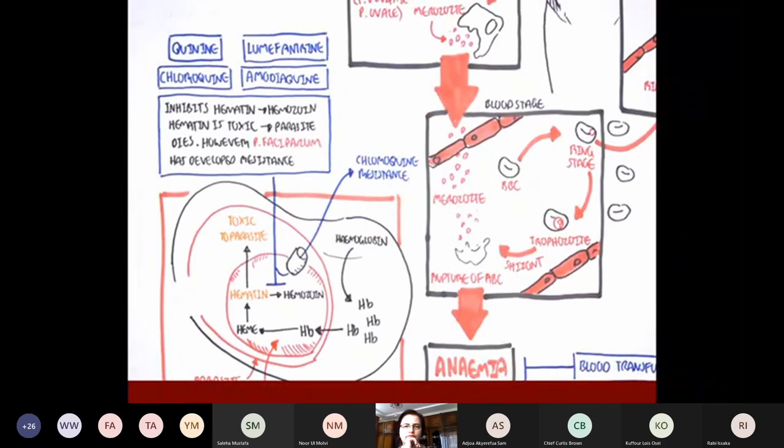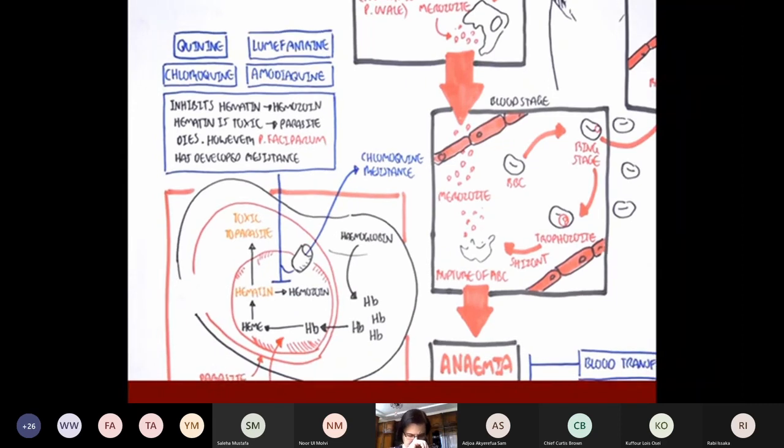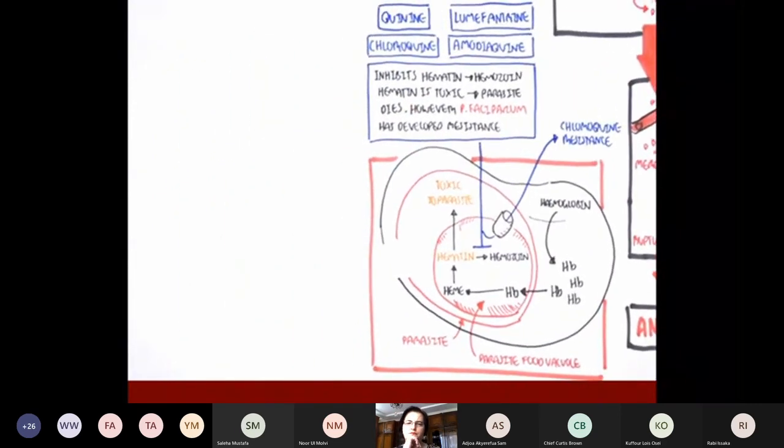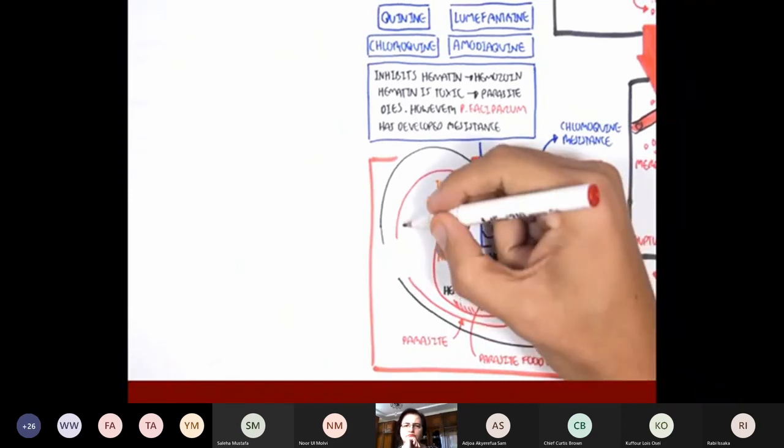This resistance is known as chloroquine resistance. The pump specifically removes the chloroquine drug. So those are the quinolones. Now, all these drugs are related in structure. Just have to point that out.